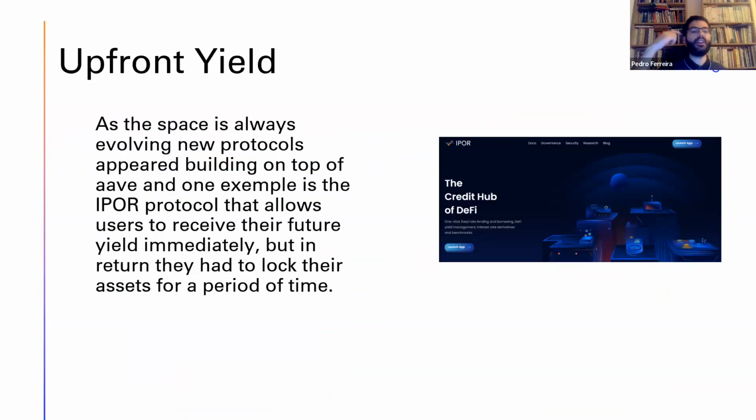But the counterpart that you need to understand is that you need to lock the amount that you deposit in Aave in their protocol for at least 1 year. They give you the yield that you were going to receive, but in exchange they charge you 10% of the total yield after 1 year.